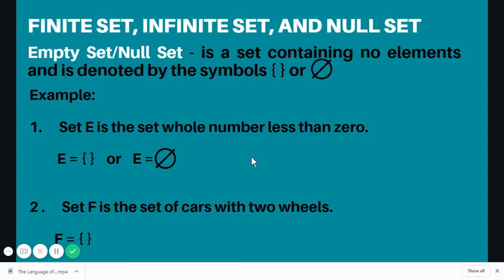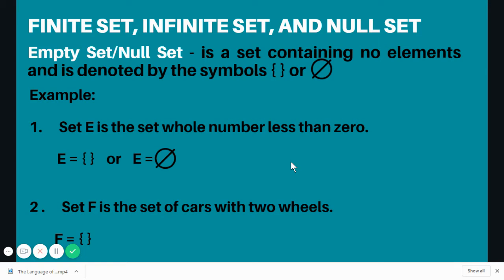For example, ito, set E is the set of whole numbers less than 0. Okay? So, wala namang whole number na less than 0. So wala tayong maibigay na member ng set.